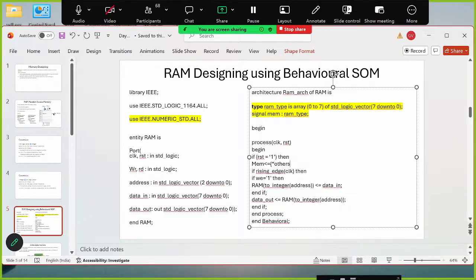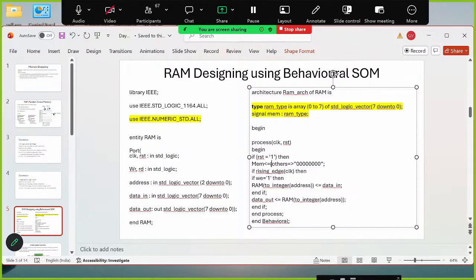I should write it like this: others => 0 0 0 0 0 0 0. So what it does, it automatically pushes this data on every location.